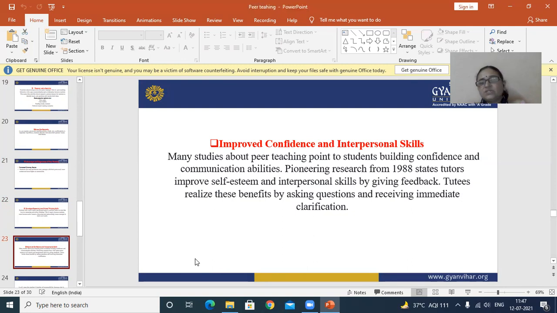Pioneering research from 1998 states tutors improve self-esteem and interpersonal skills by giving feedback. Tutees realize these benefits by asking questions and receiving immediate clarification.